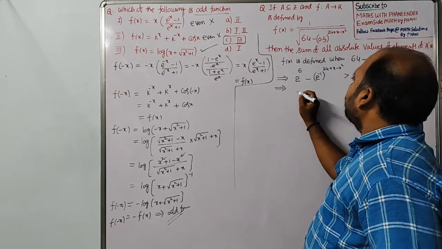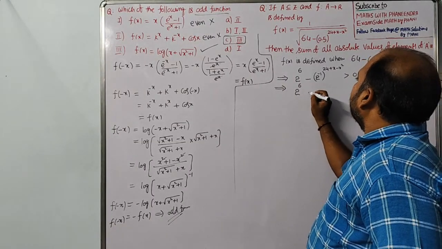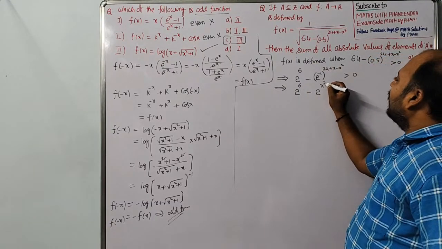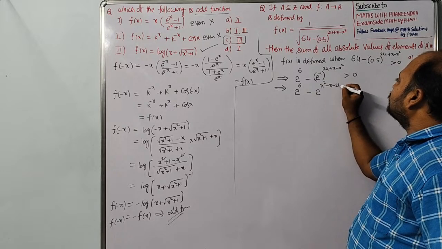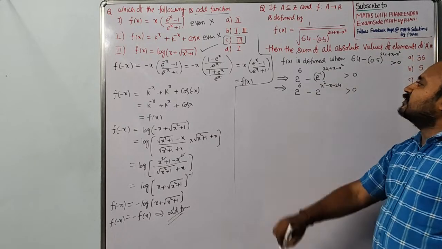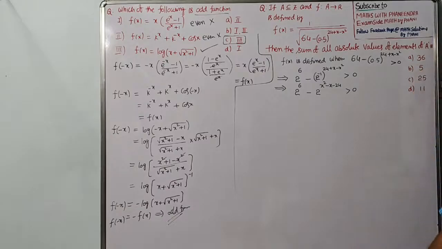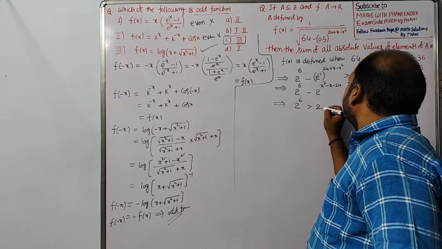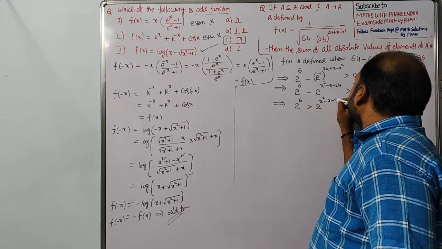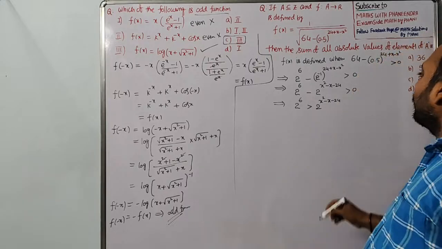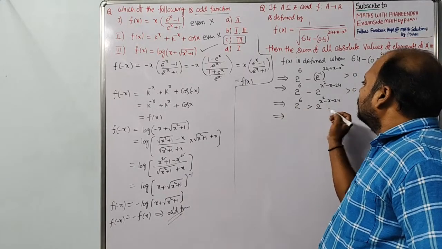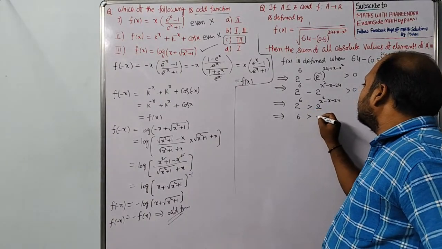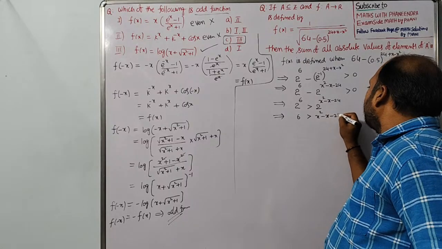That implies 2 power 6 minus 2 power (that minus multiplying, you will get x square minus x minus 24) is greater than 0. Are you all with me, dear students? So that implies 2 power 6 is greater than 2 power (x square minus x minus 24). So when the bases are equal, here the inequality symbol is there, no? 6 is greater than x square minus x minus 24.